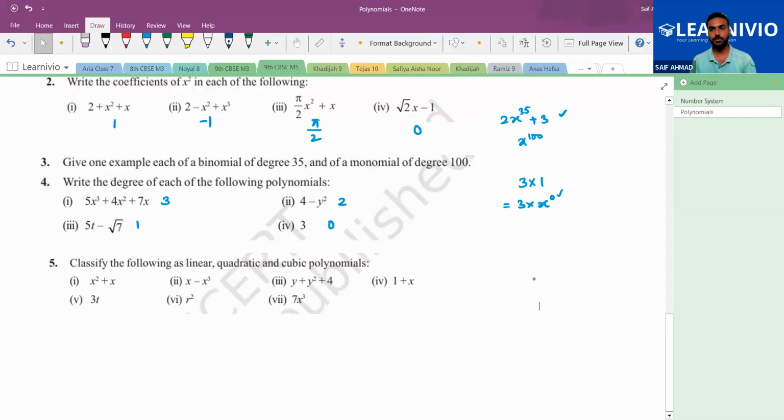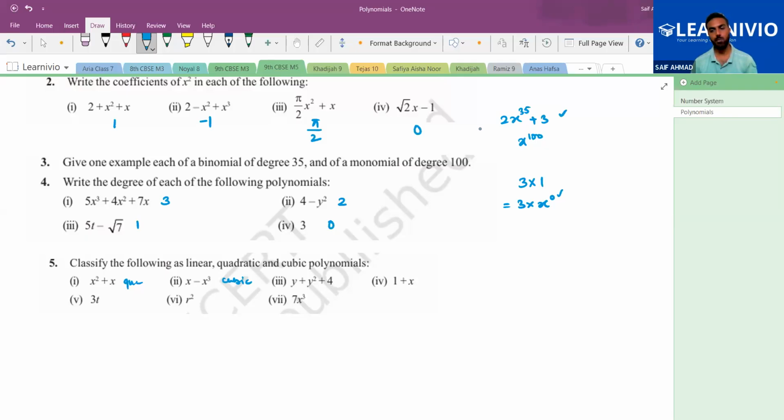Suleiman, tell me the first one. The first one is a quadratic polynomial. Second one, Muhammad Ali? Cubic. Your voice is not coming properly, check your microphone. Third one?